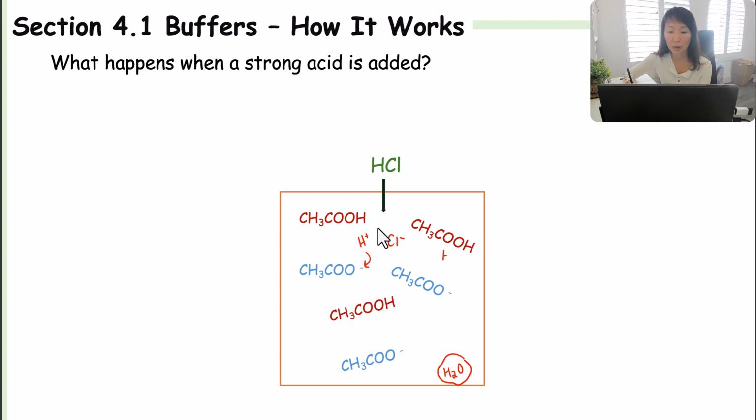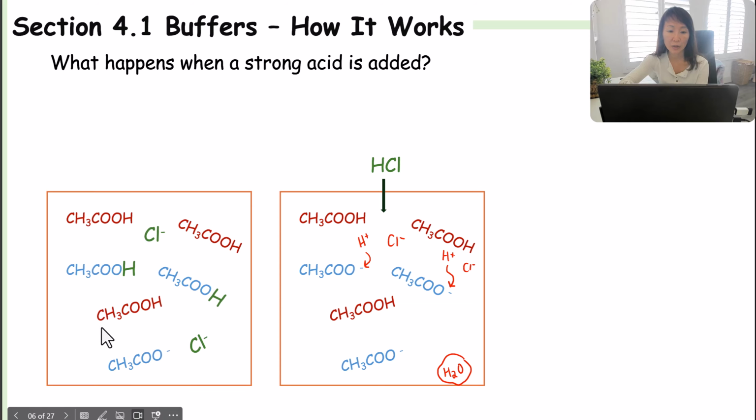So say more HCl has been added, the hydrogen will interact with the weak base, forming acetic acid. Here is my next image. It shows that the hydrogen has been attached to these guys. The chloride ions are, remember, the spectator ions, so they're just floating there. They're not really doing much.